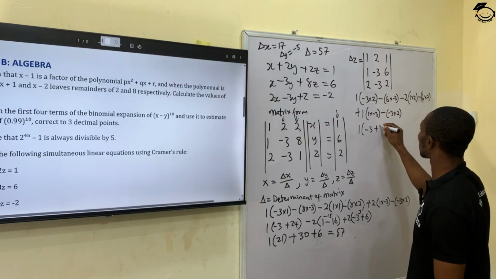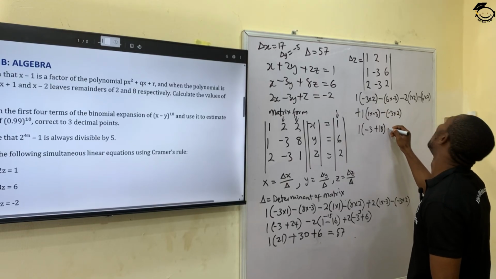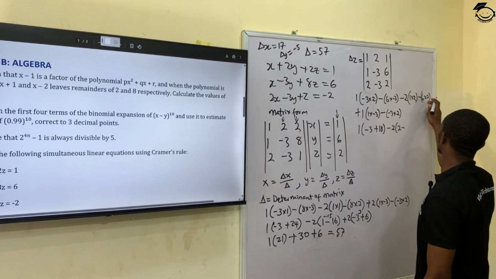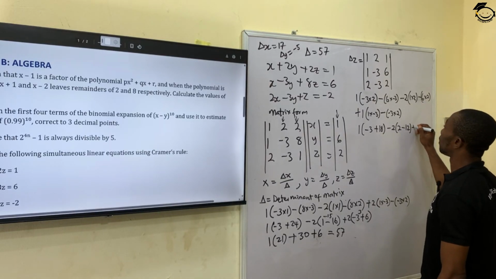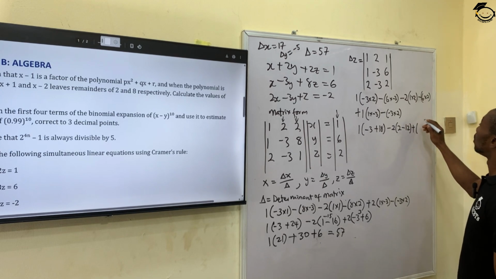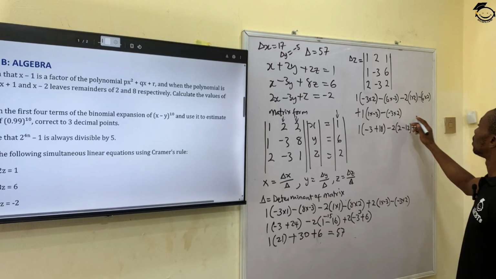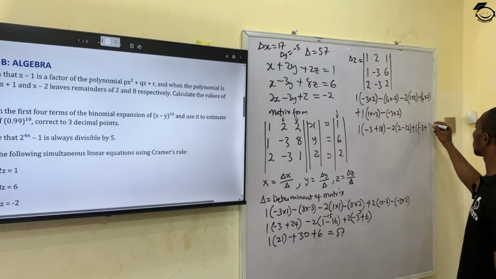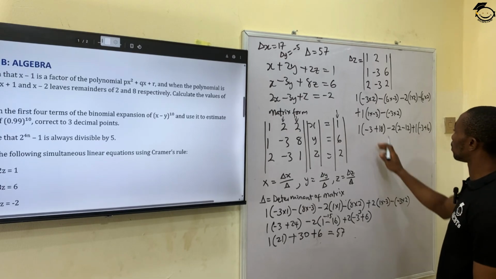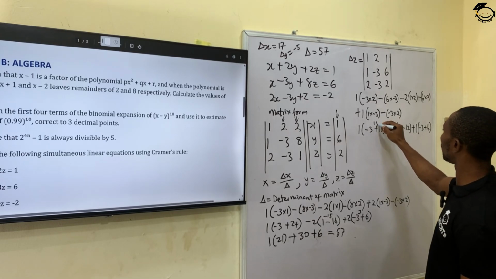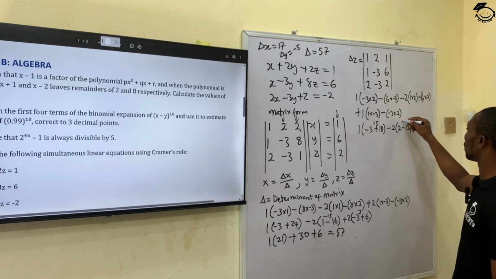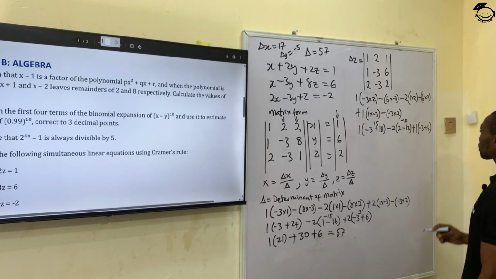minus minus plus 18, minus 2 bracket 2 minus 6 times 2, 12, plus 1 bracket minus 3, 6 times 2 times 3, 6, minus minus plus 6. So minus 3 plus 18 will give us 15. Minus 2 minus 12 will give us minus 10.